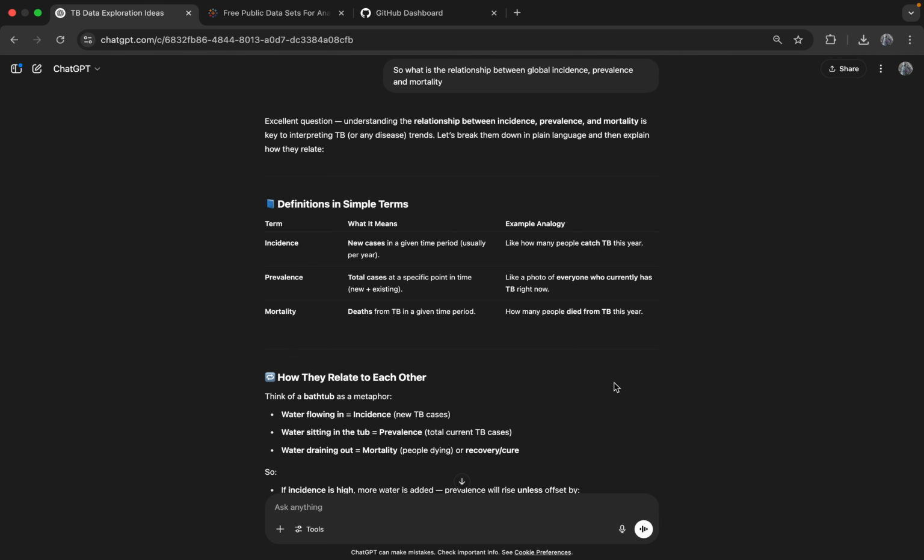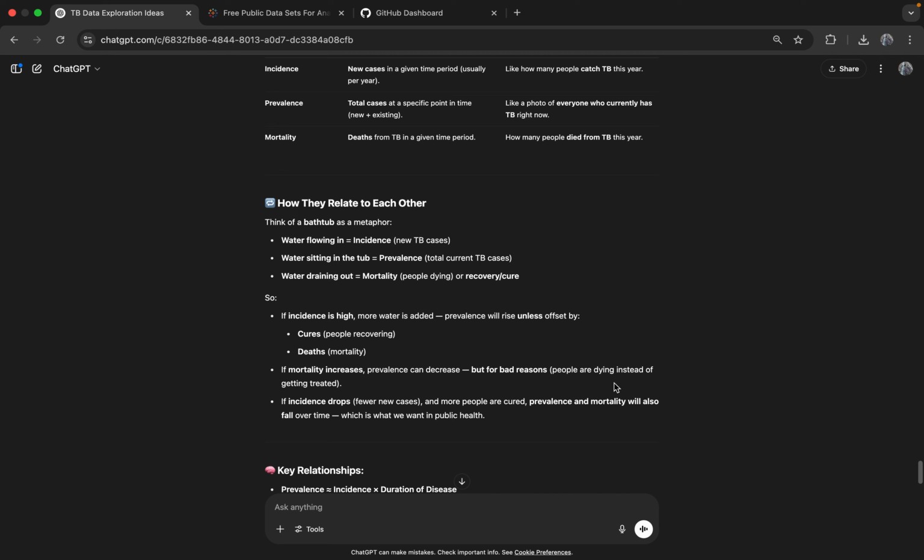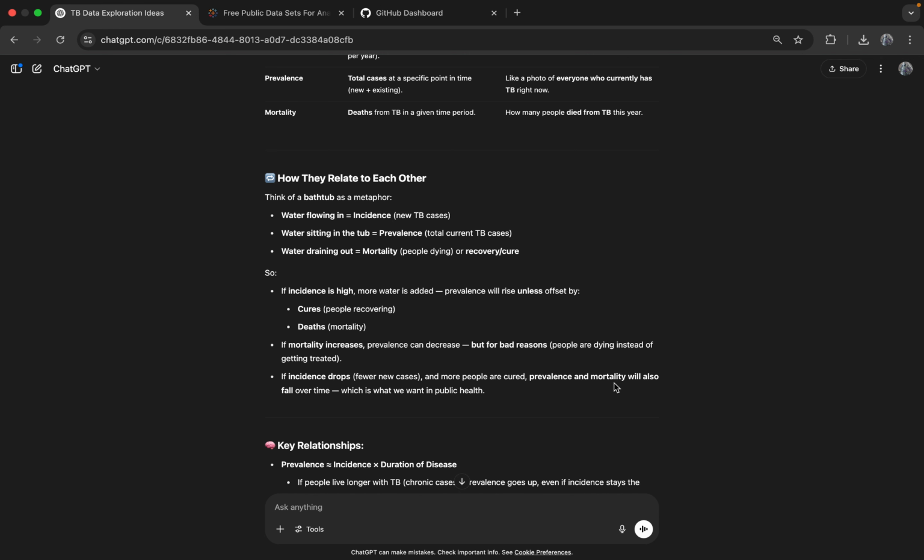How they relate to each other: think of a bathtub as a metaphor. Water flowing in is the incidence. Water sitting in the tub is the prevalence. Water draining out is the mortality or recovery, but in this case we are focusing specifically on mortality.